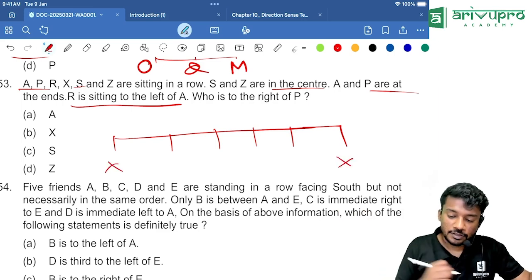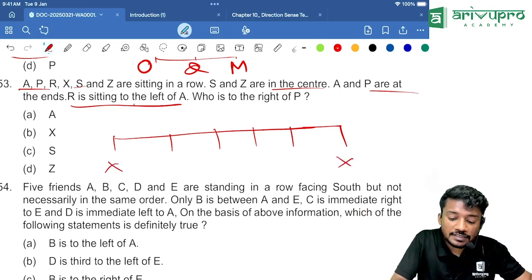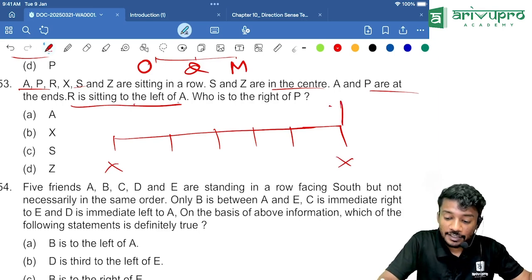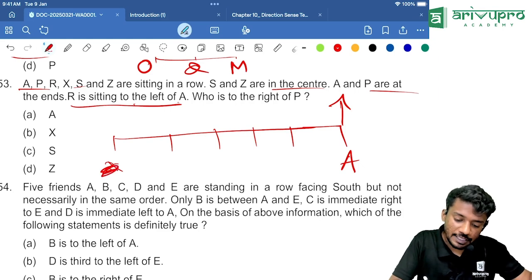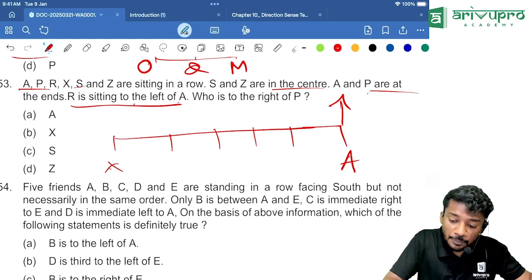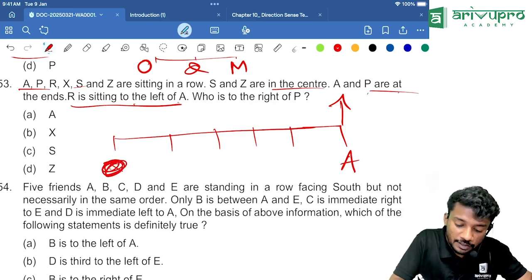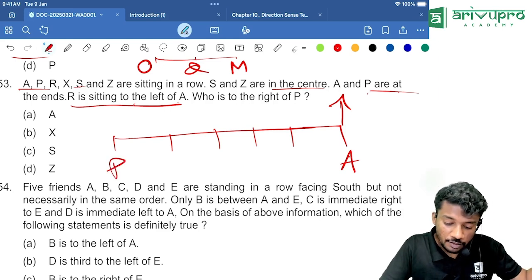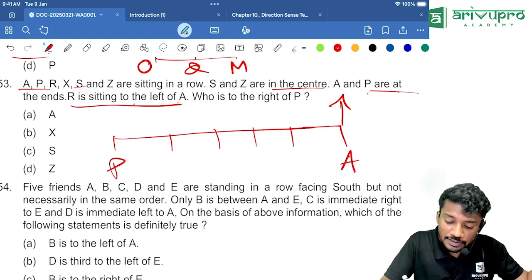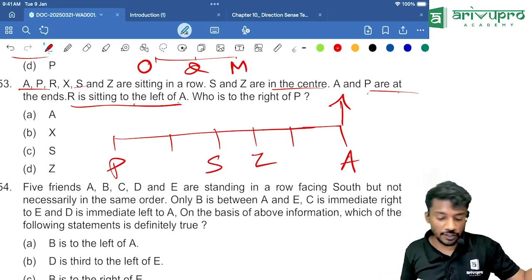This or this? R is sitting left of A means A should be here. Correct? Then S and Z in the middle. A and P are at the ends. So P should be here. S and Z are in the center, so S and Z are somewhere over here.